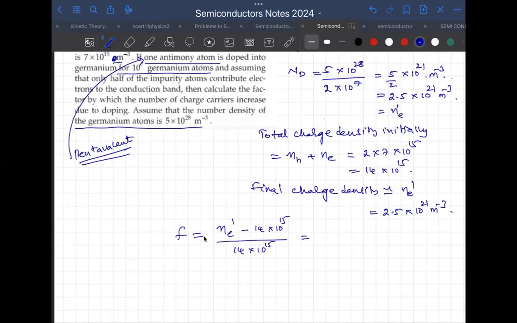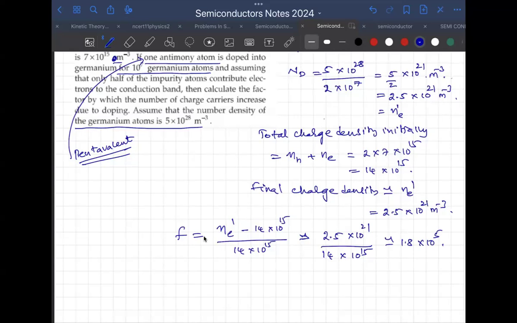No. So this is nearly 2.5 into 10 to the power of 21 by 14 into 10 to the power of 15. That works out to nearly 2.5 by 14, about 1.8 into 10 to the power of 5. Very big fraction.